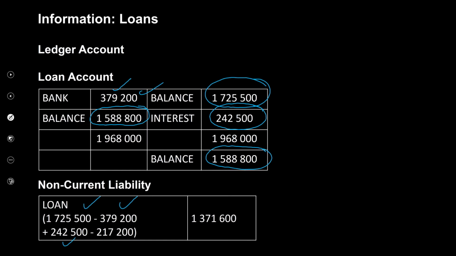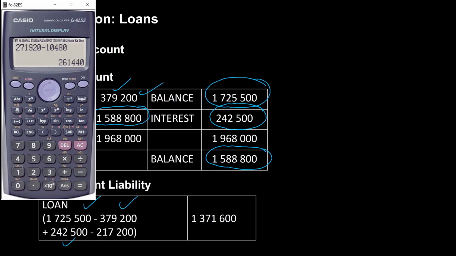You now take that figure of 379,200, right? Let's take our 379,200 minus the interest of 242,500. And you see that you get a figure of 136,700. That was your repayment for this year.